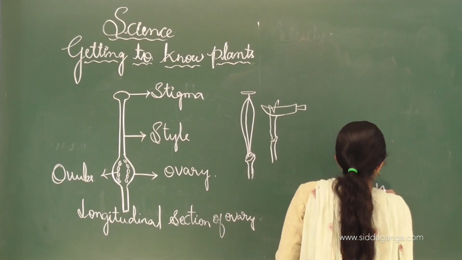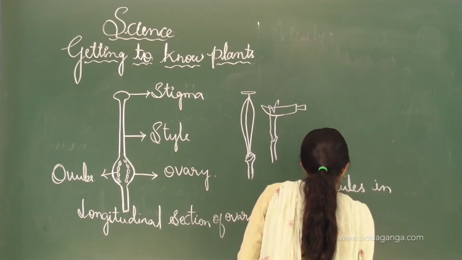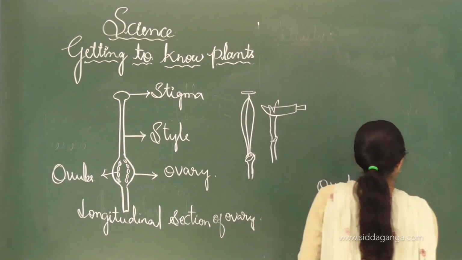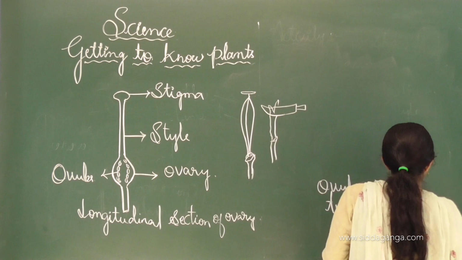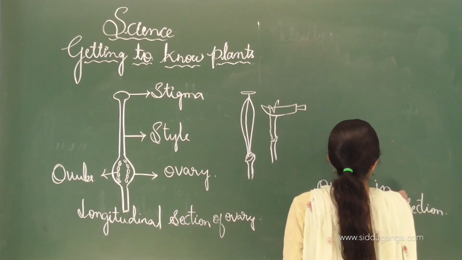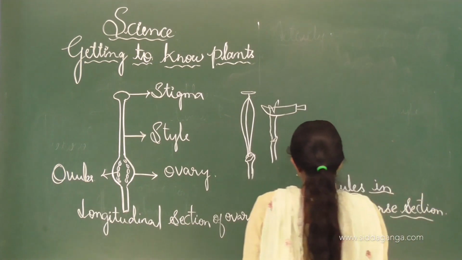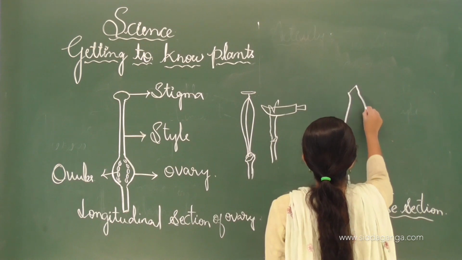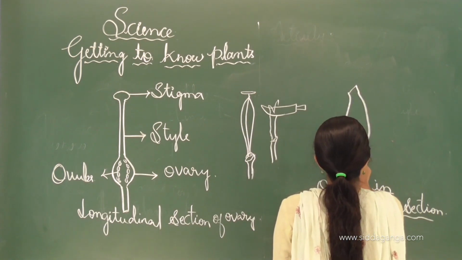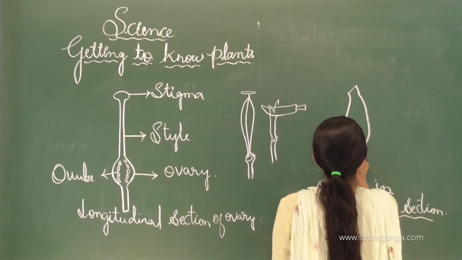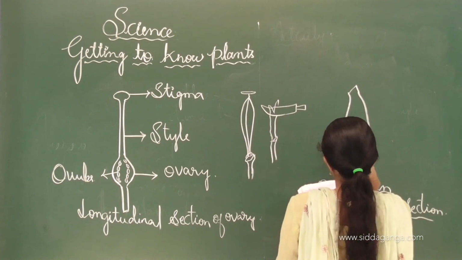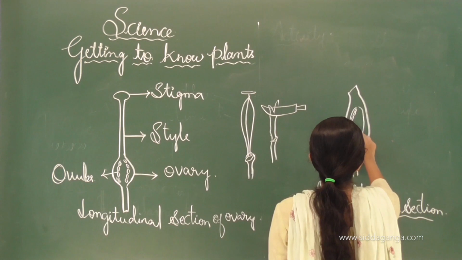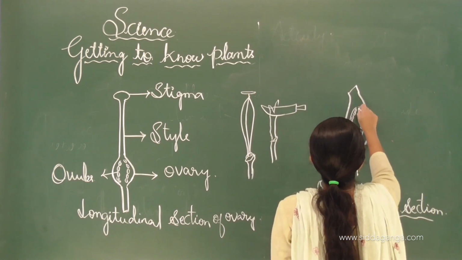Ovules in transverse section. If we cut the ovule in a transverse section, we can see the ovary as well as the ovules.